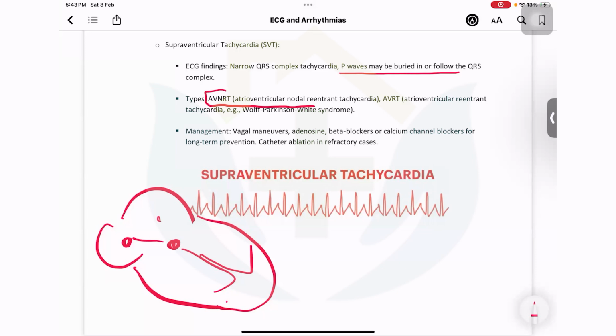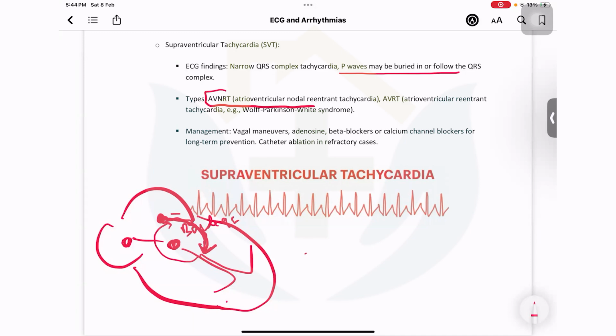Imagine there is this point here, and it is conducting from this pathway directly to the His bundle via the bundle of Kent. So what is happening is it is actually bypassing the AV node, and this is the re-entry circuit that is established from that ectopic.